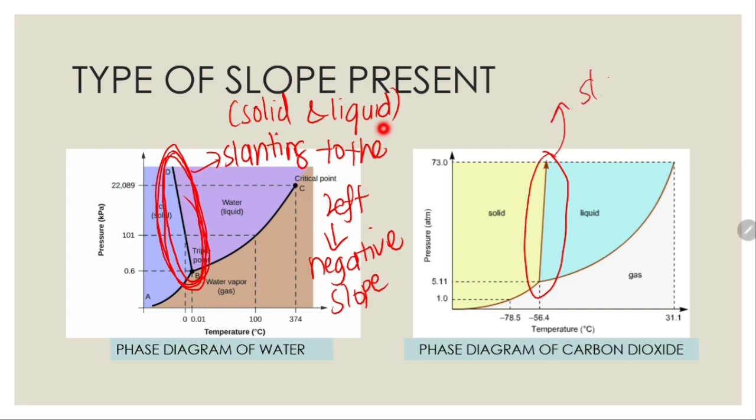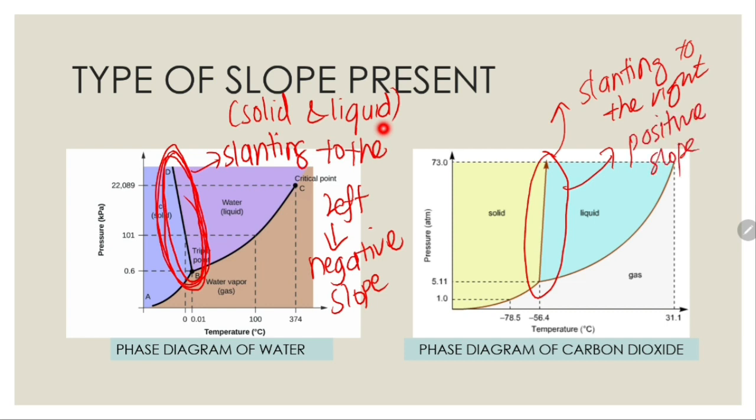So this one we name a positive slope. So what is the difference between these two? It's not just about the drawing. There is a hidden meaning between these two different types of slope.